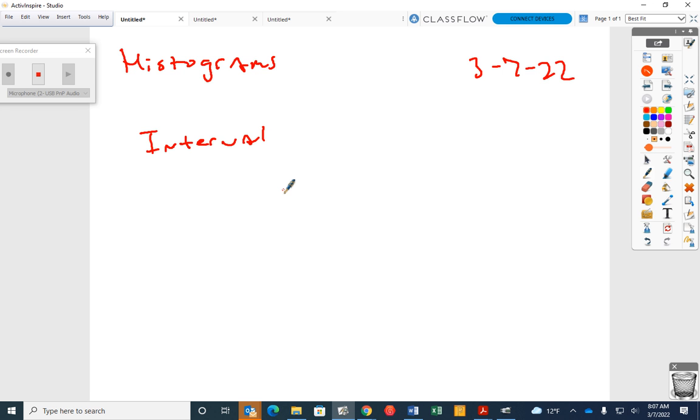Are they the same distance, no matter what? Okay, good. That's a great example. So an interval is basically data divided into equal groups.